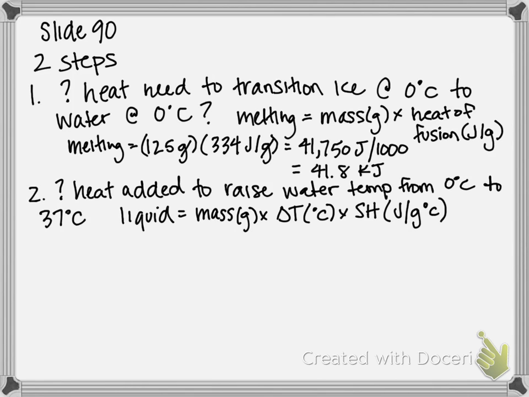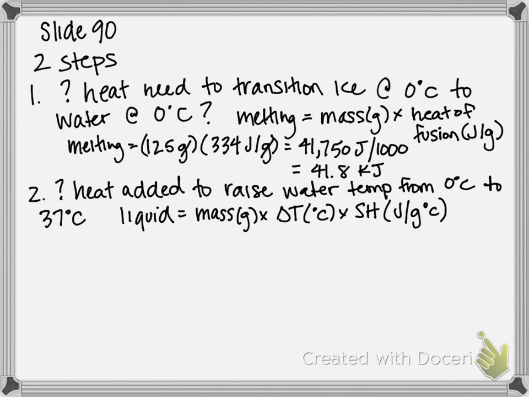We have our mass. We can figure out our change in temperature, and specific heat of water is another given value. I believe it is 4.184 joules per gram degrees Celsius. And if you look at the slides after slide 90, it does show you the values that you're going to need.